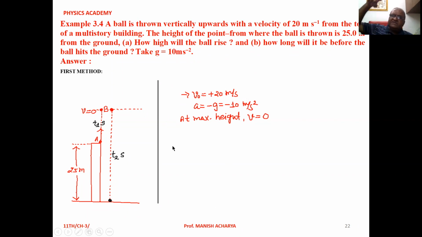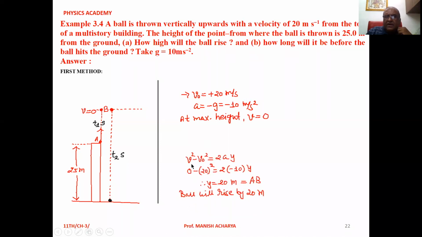When the ball reaches the maximum height, momentarily it will be stationary. So its final velocity at position B, the maximum height attained by the ball, is 0.